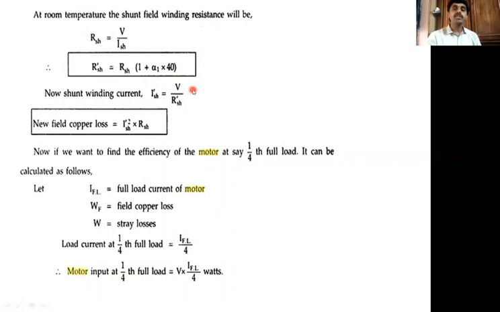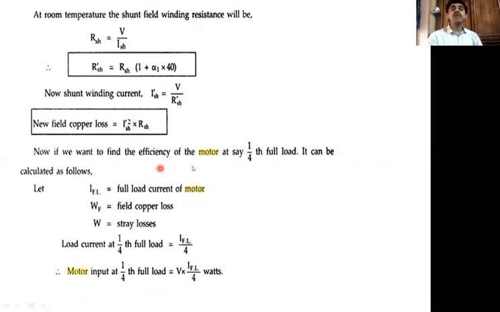That means when it is actually loaded, the resistance will change because of temperature. Those we have calculated here. Now the shunt winding current ISH dash is equal to V by RSH dash. Therefore, the new field copper loss is equal to ISH square into RSH.